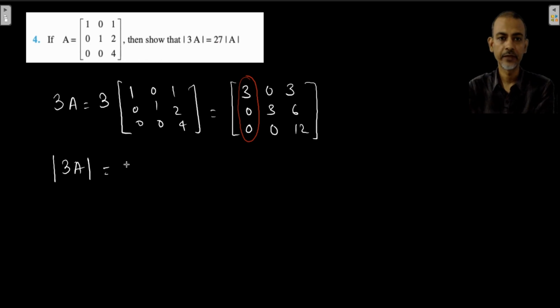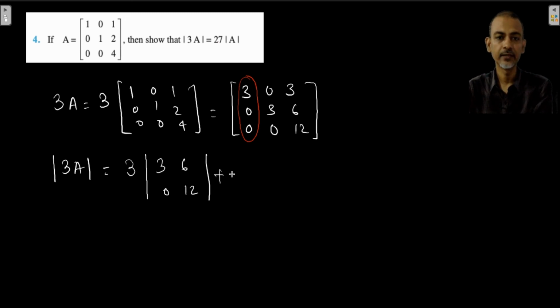First, when we get 3, then we will have 3, 6 and 0, 12. Now come to this part, 0. This is part of the second row and first column, right? Though it is 0, I am just doing it for the sake of it.